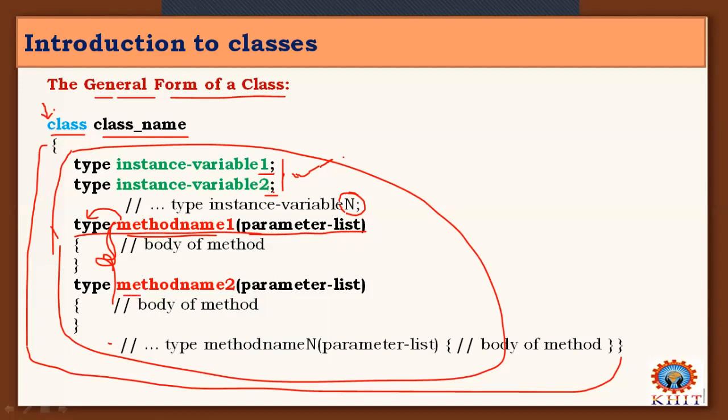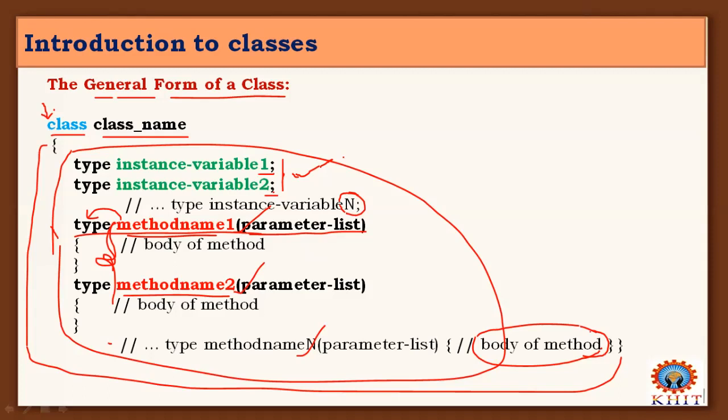We can define many methods: method 1, method 2, method n, and every method has a body of a set of instructions to be performed. For example, addition is a method we can define inside a class to add two instance variables of the class.